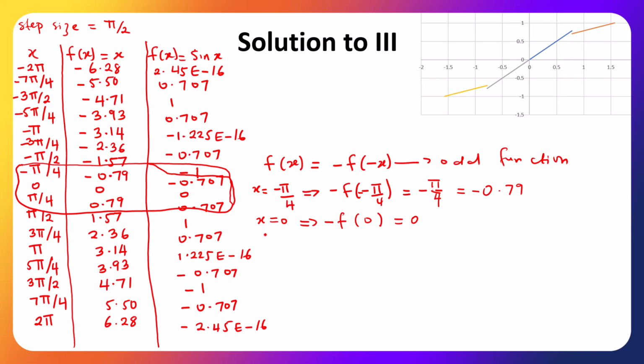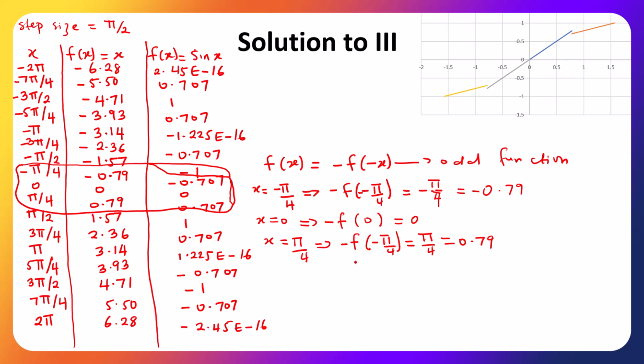Also, for x equals pi over 4, this implies that minus f of minus pi over 4 gives us pi over 4, and this is equal to 0.79.